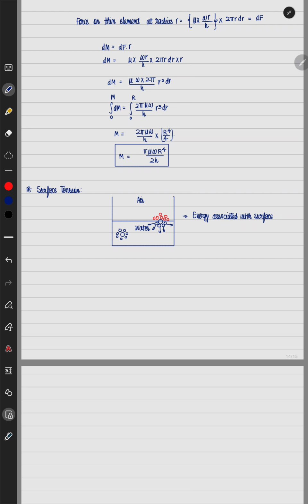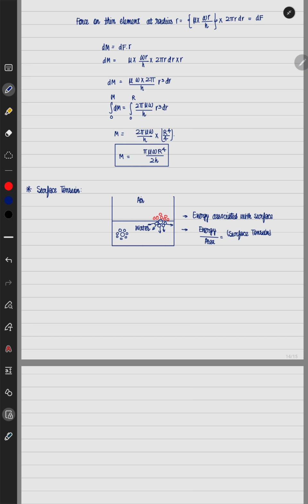And this energy per unit area is given by surface tension. Energy per unit area is given by surface tension. So this is the basic phenomenon associated with surface tension that I wanted to explain.